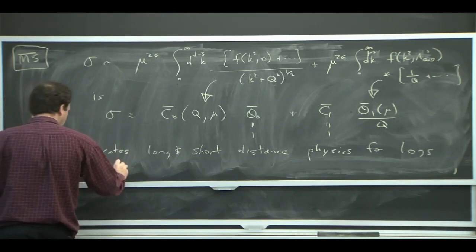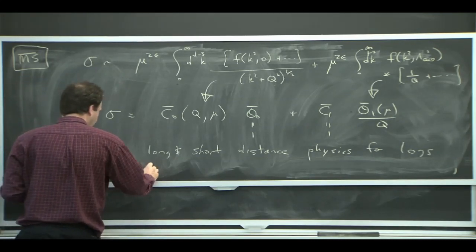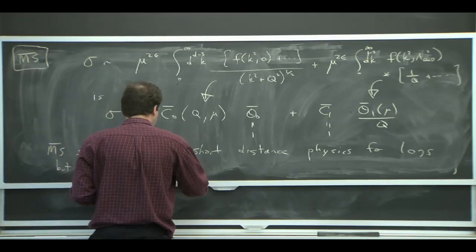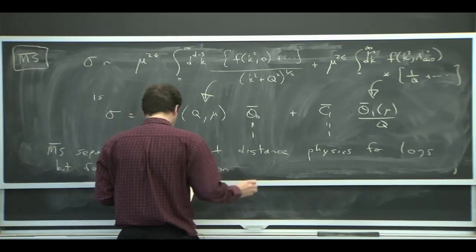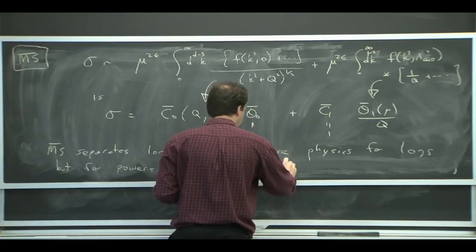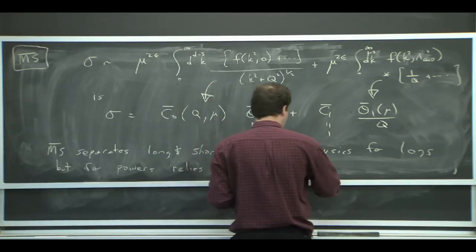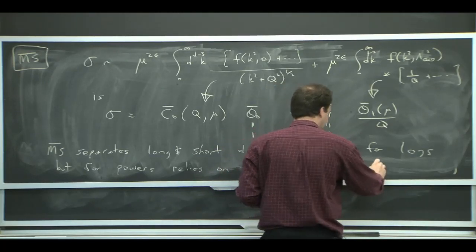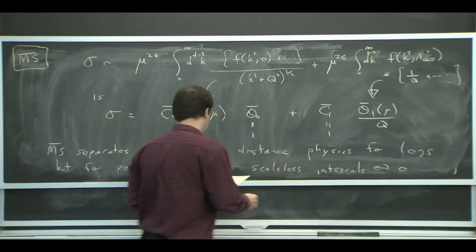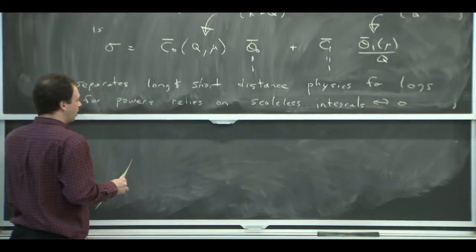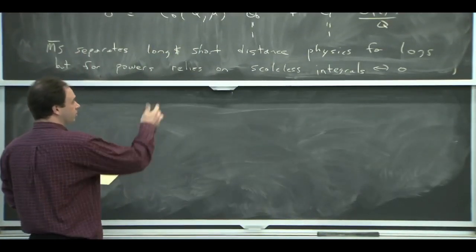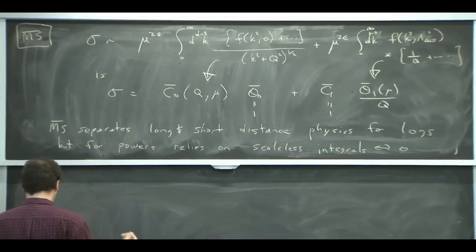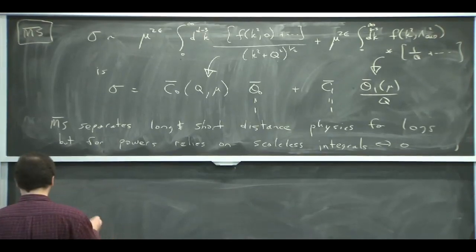But for powers, we effectively rely on the fact that it sets scaleless integrals to 0. That's what's forced upon us by the definition of MSbar and dimensional regularization. And what goes wrong is basically that physically we're still integrating over regions of those integrals which are not associated to the physics that should be in those parameters.